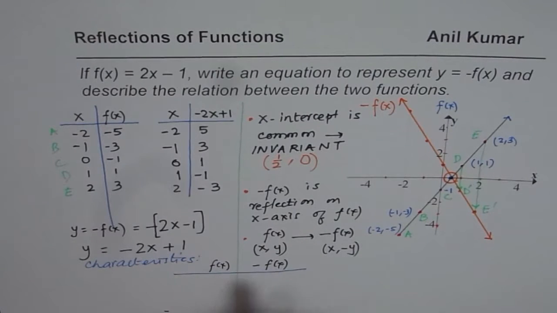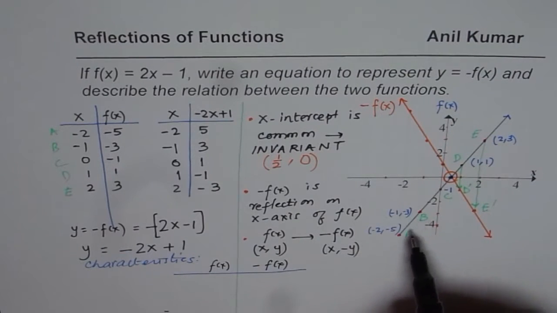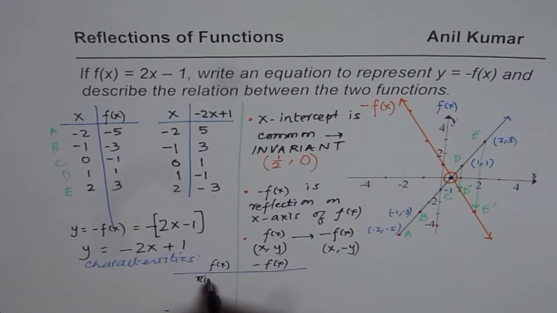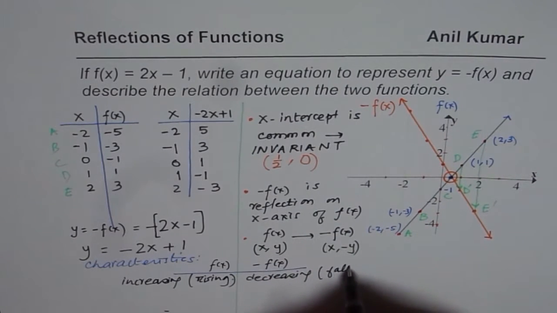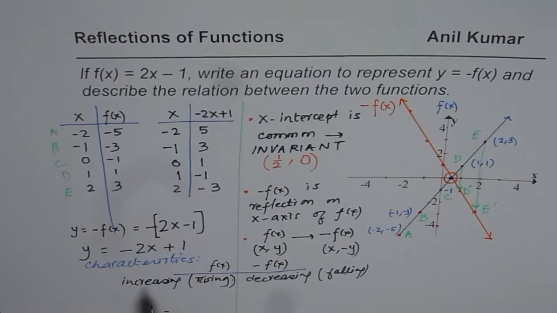So the first thing we see is the graph was rising, or you can say it was increasing, right? Then minus of f of x will be decreasing or falling. Is it okay? So in this case, since it is a line, we can use this term.